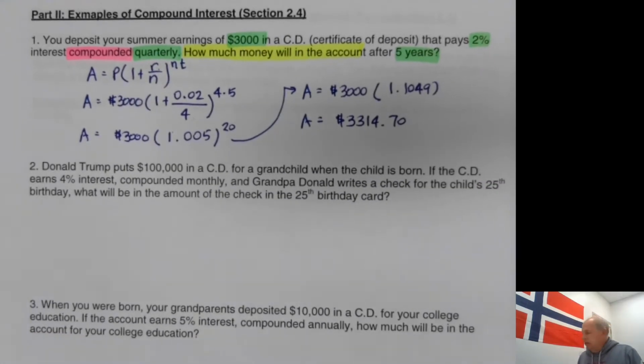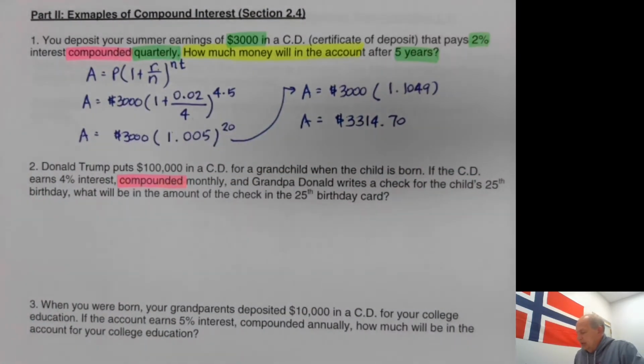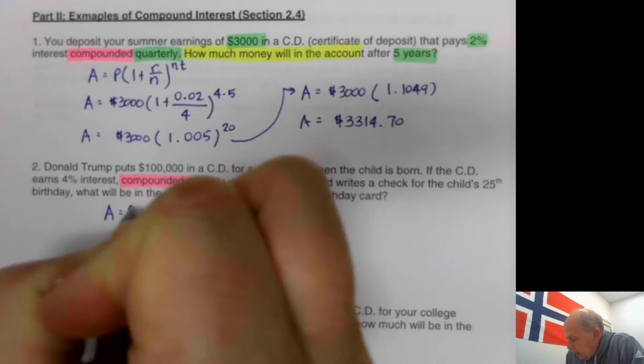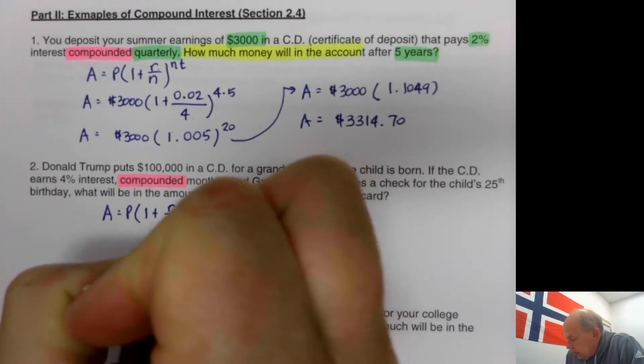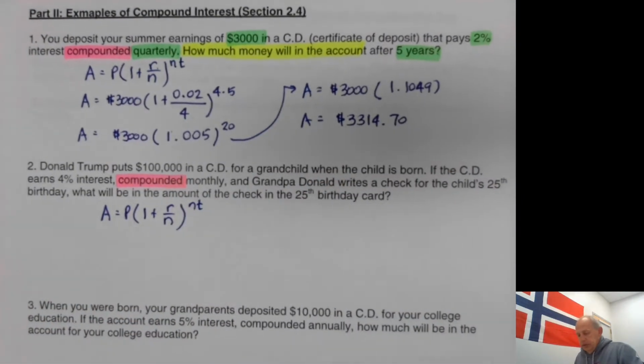So let's ramp this up a little bit. Let's say Donald Trump has put $10,000 in a CD. Let me mark up what type of problem this is. This is a compound interest problem. So I am going to use this formula, not any of the simple interest formulas.